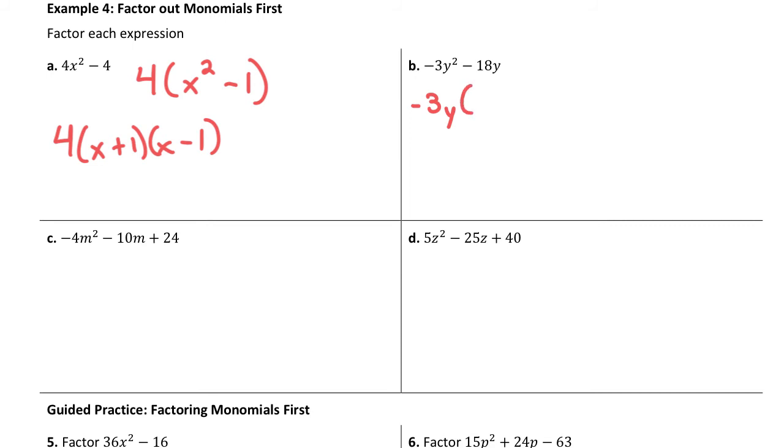So what is really left, if I factor out negative 3y from 3y squared, all that's left is y. If I factor out negative 3y from negative 18y, I'm left with positive 6. So factoring something out, you're kind of undoing distribution. That's what you're thinking of here. So if I distribute, I should get my exact same expression back again.